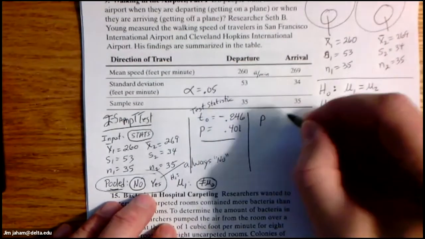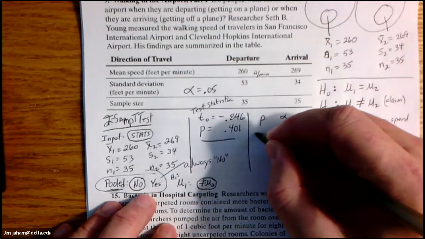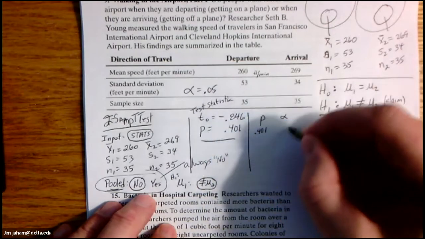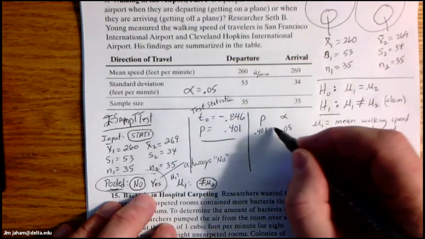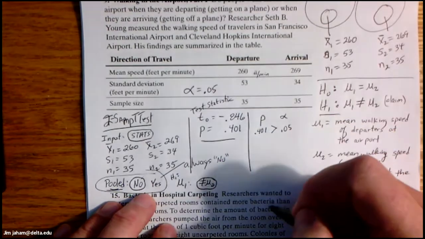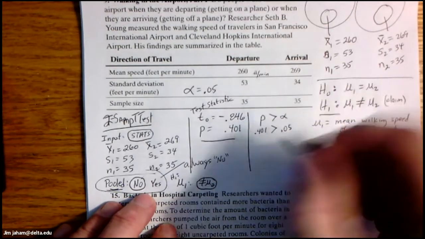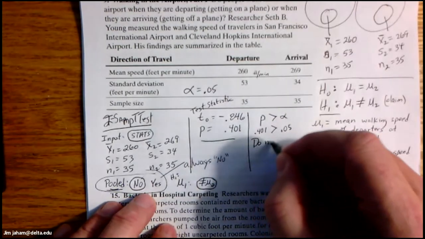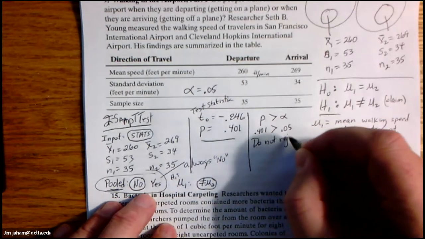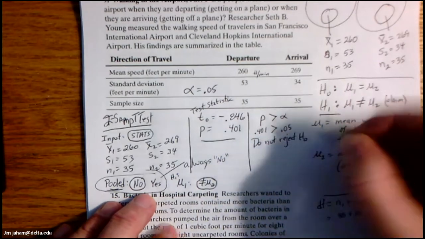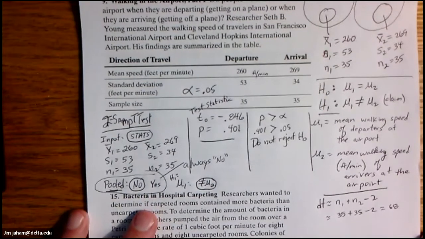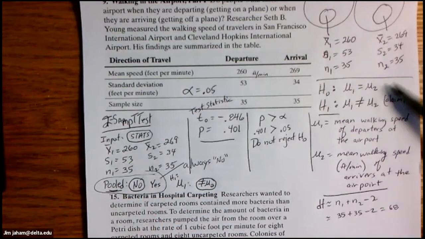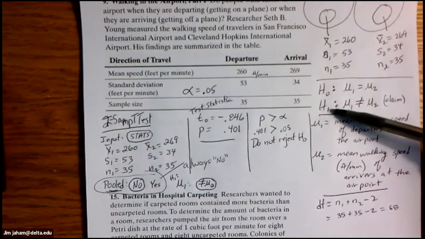All right, if we compare P and alpha together, P is 0.401, alpha is 0.05, and we have a greater than. So P is greater than alpha, so we do not reject the null hypothesis. All right, so if we do not reject, then we do not show support for the alternative.